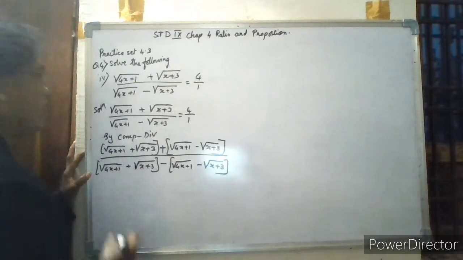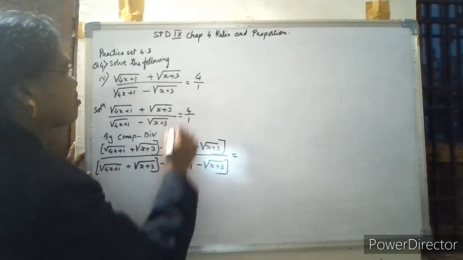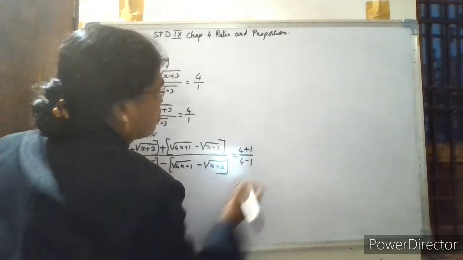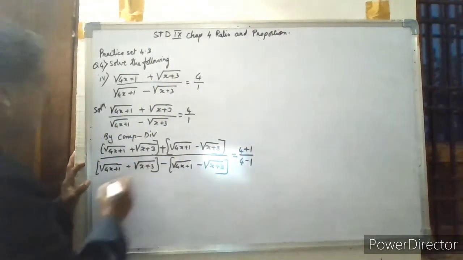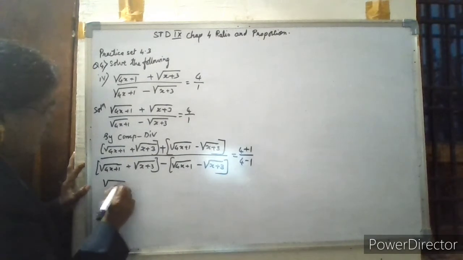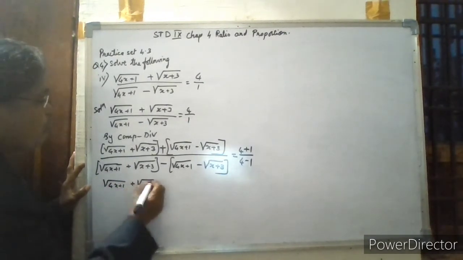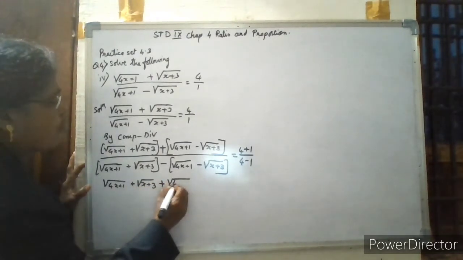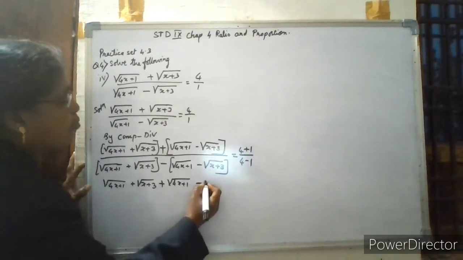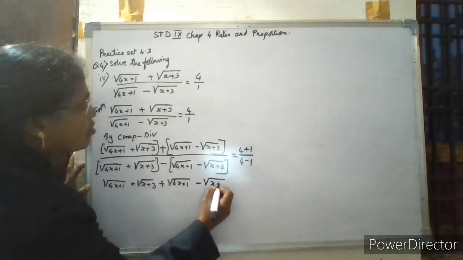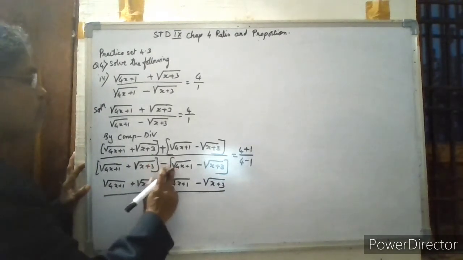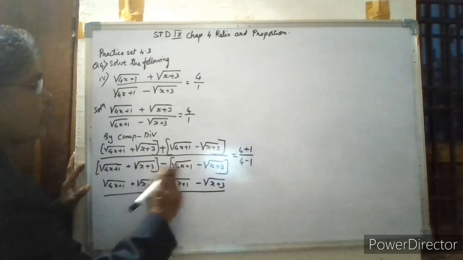This is equal to, by componendo dividendo, 4 plus 1 upon 4 minus 1. Now open the bracket, so it will be root of 4x plus 1 plus root of x plus 3, then plus root of 4x plus 1, then minus root of x plus 3 as it is. But here these two terms, the outer sign will change.